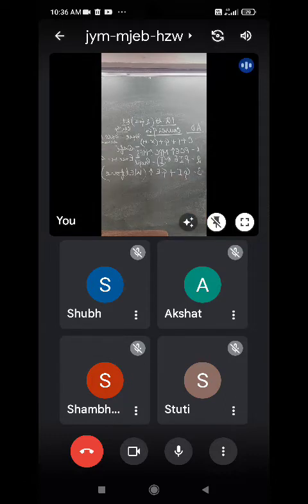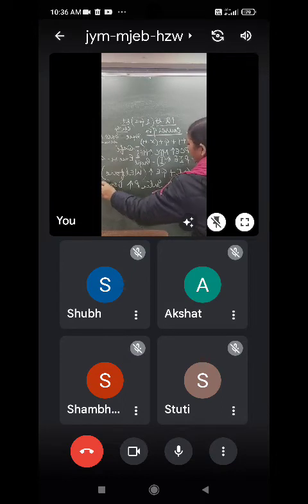Then come to the next one. Next one is exports, that is X. Exports will increase because international prices of the goods and commodities are more than the domestic. So the people would like to export goods and services rather than keeping them at home.